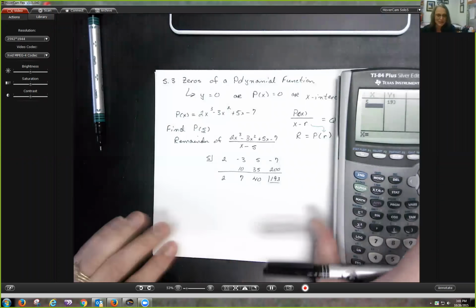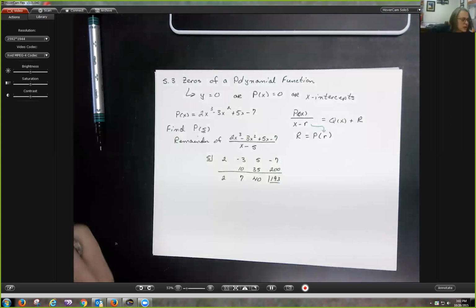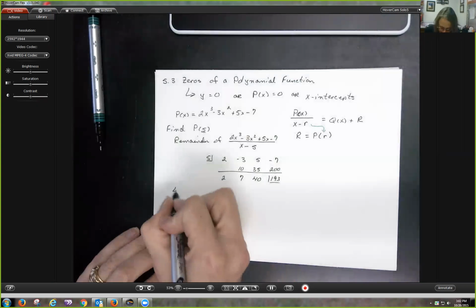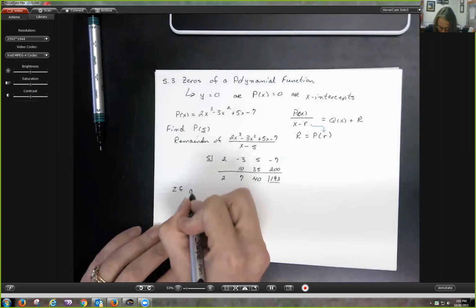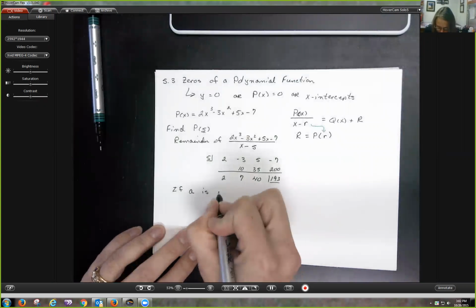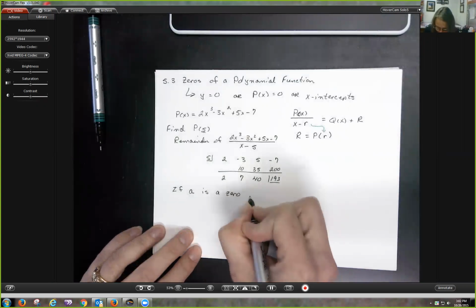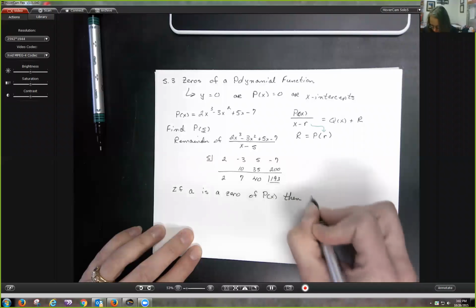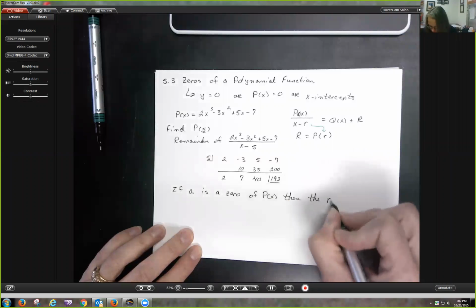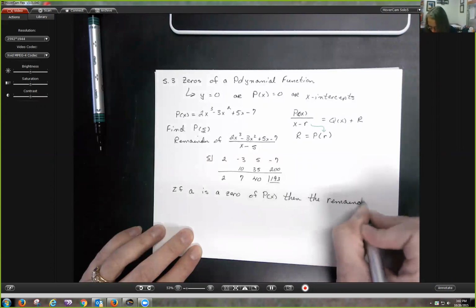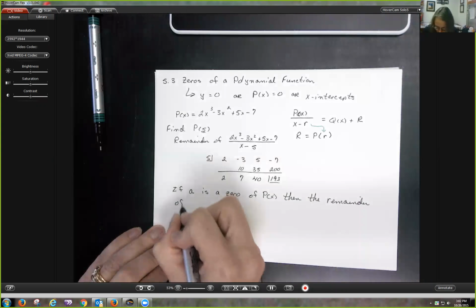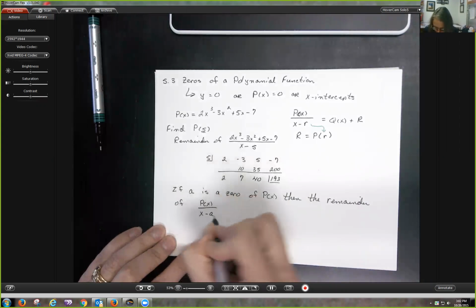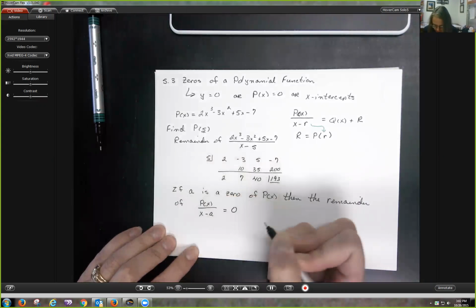You may be thinking to yourself, what's this got to do with the zeros? Well, what it has to do with the zeros is that if a number, a, is a 0 of some polynomial, then the remainder of that function, p of x, divided by x minus that number, will be 0.